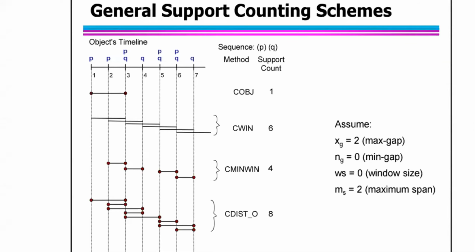See here, P occurs at the Q point. So 1, 3, 2, 4, and 3, 5, 4, 6, and as well as 5, 7.